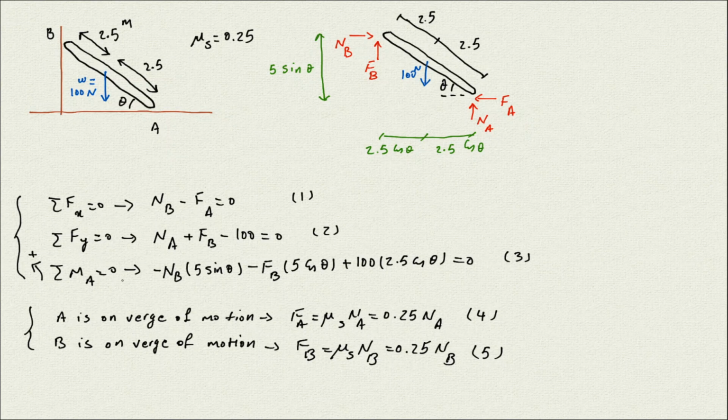So if you go ahead and solve these, looking at all the unknowns, we have 1, 2, 3, 4, and 5 unknowns.